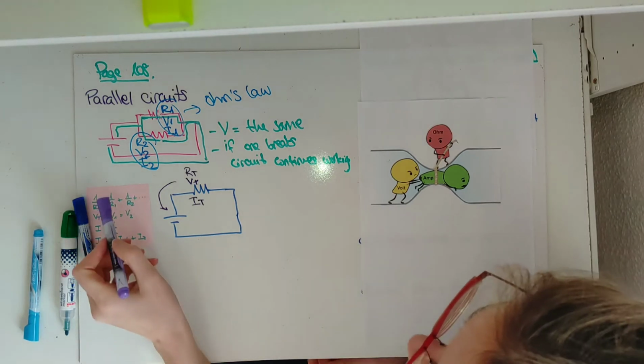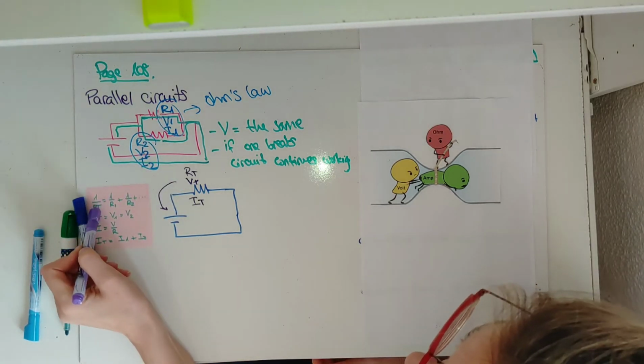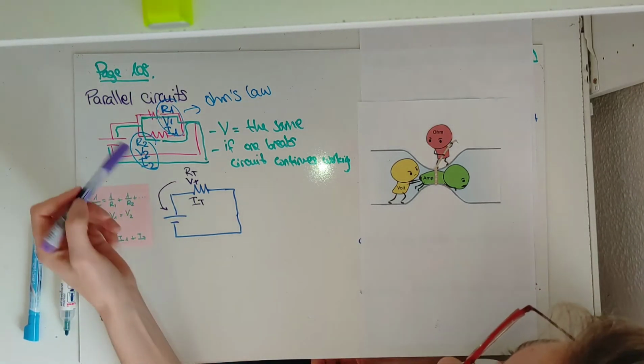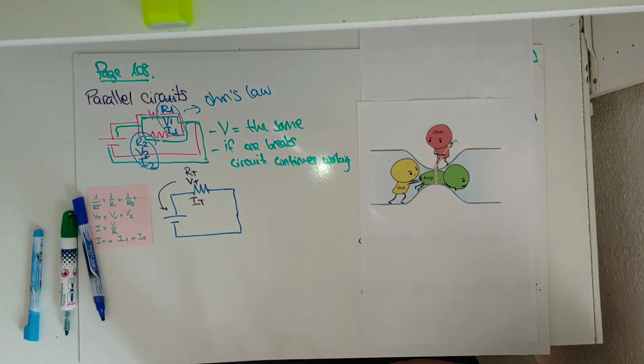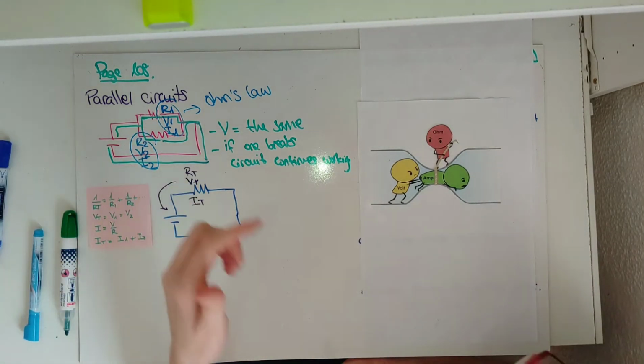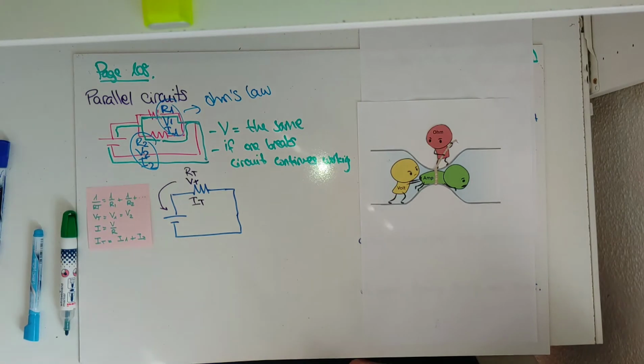Let's see how to calculate the resistance, how to group them together, because it's different. It's not only to sum both resistors, okay?